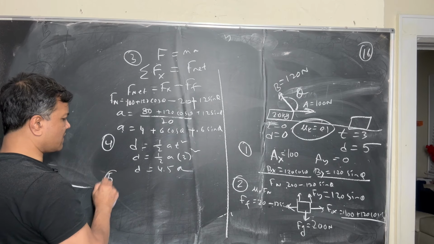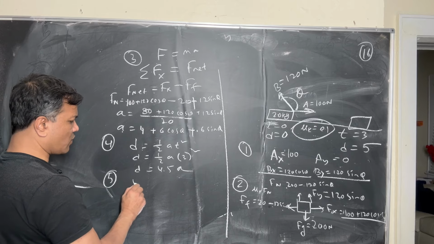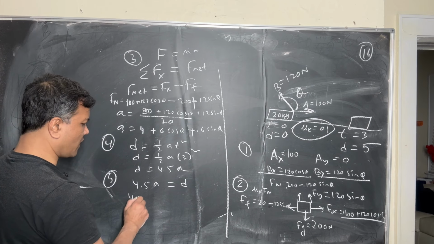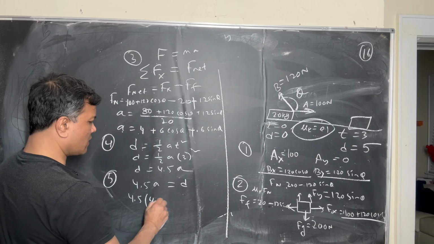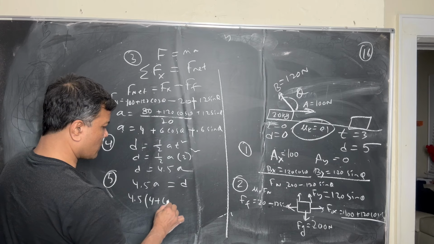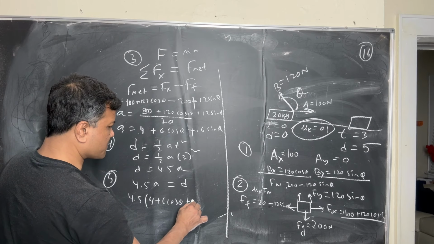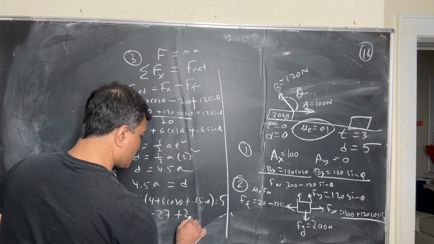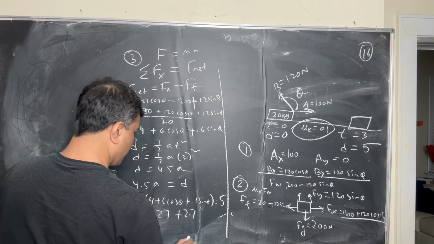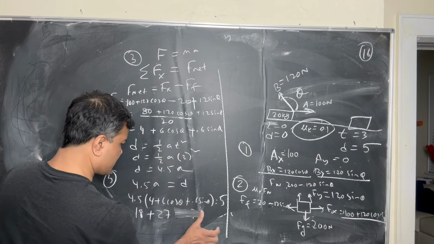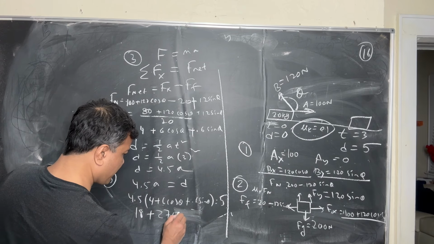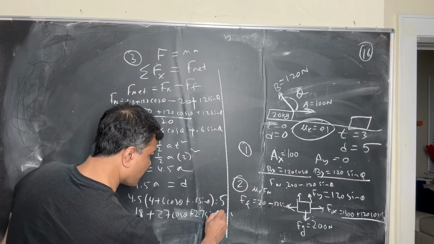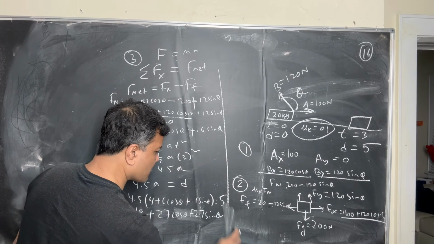Now, step 5. We know that 4.5 a is equal to D. So 4.5 a is 4 plus 6 cosine theta plus 0.6 sine theta, and that is equal to D, which is 5. It's 2.7, so this is 27 cosine theta plus 2.7 sine theta is equal to 5.